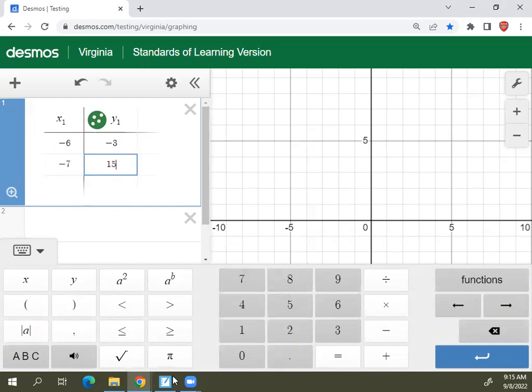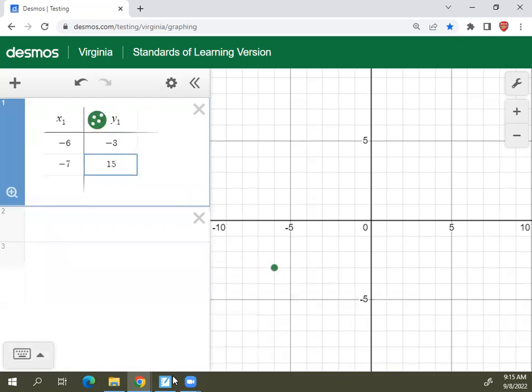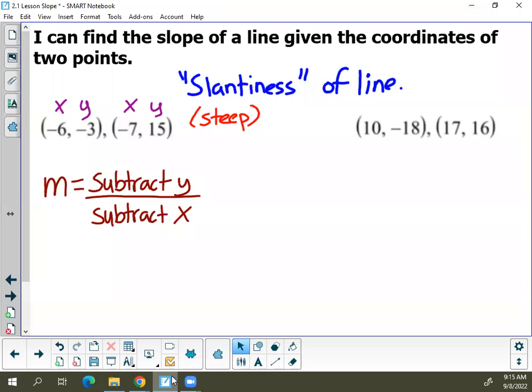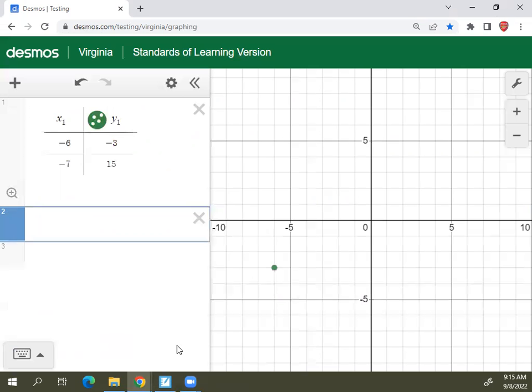And what's nice is you can see, and it labels that the first number is the X and the second number is the Y. And so I like that it lines them up. And our slope formula is to subtract the Y's and then subtract the X's. Well, sometimes a mistake happens when we do it in the wrong order. And so I think that this Desmos solution is going to hopefully fix that.